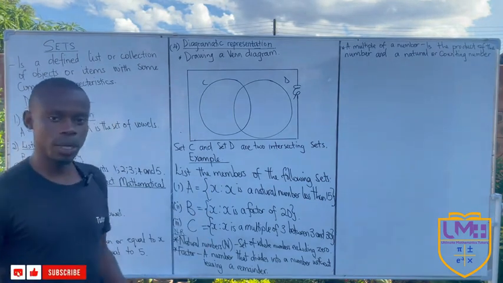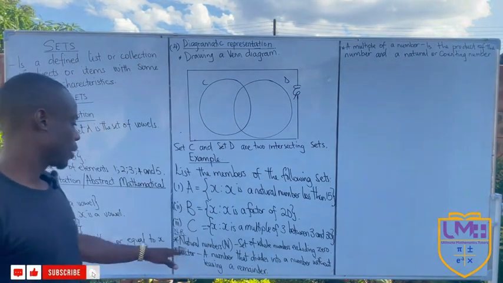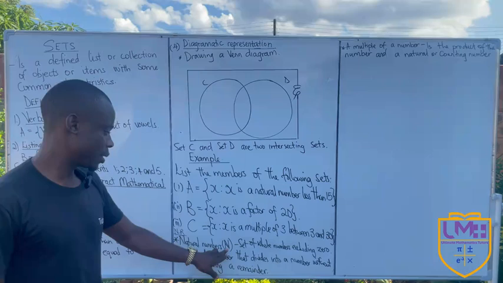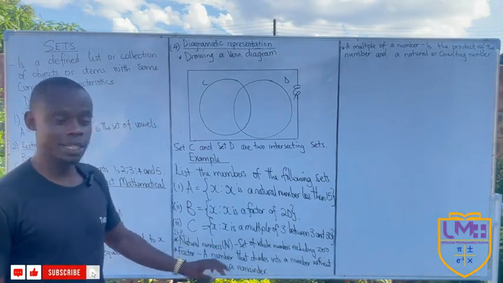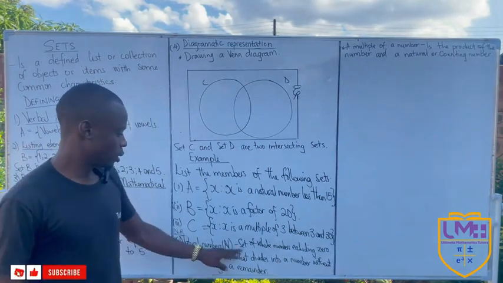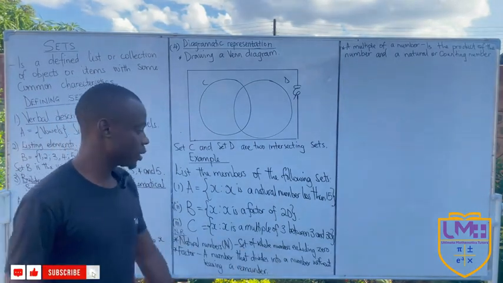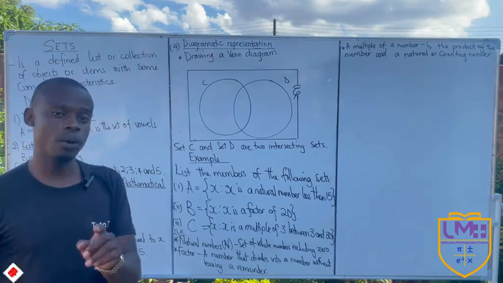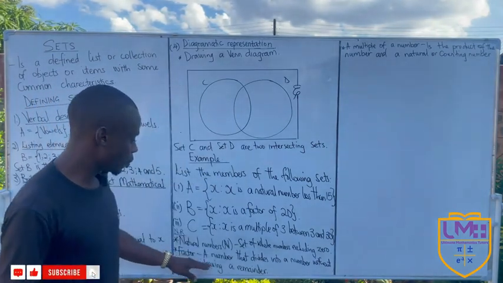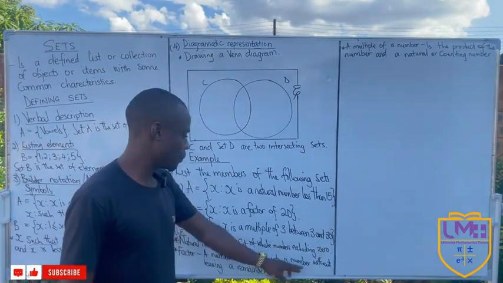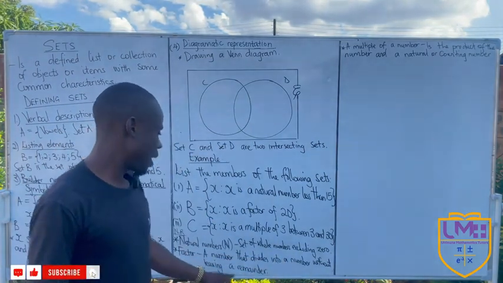What is a natural number? A natural number is represented by this letter, which looks like N. It is a set of whole numbers excluding 0. A factor is a number that divides into a number without leaving a remainder.